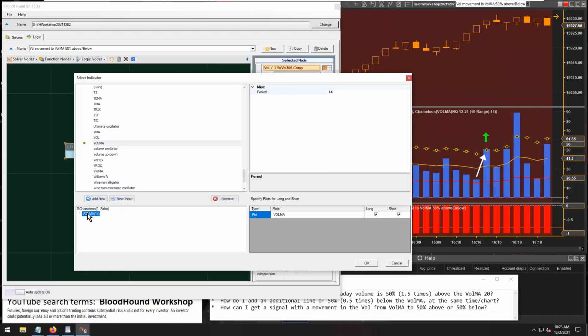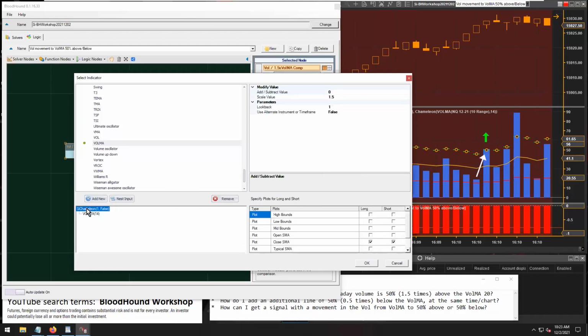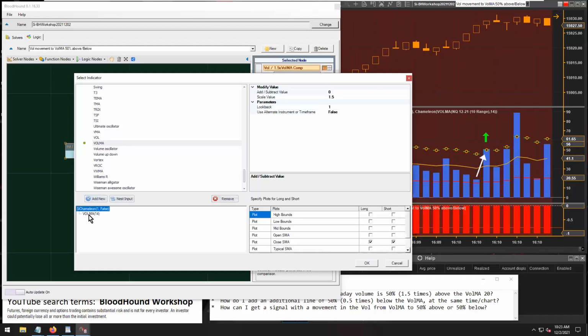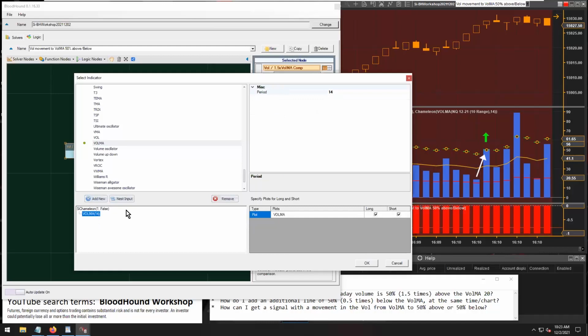And if you need to make an adjustment to Chameleon, just select Chameleon, highlight it, and then you can go in and adjust the properties for Chameleon over here. So that's how we nest an indicator into another indicator within BloodHound, or change the input series. So let's click OK.